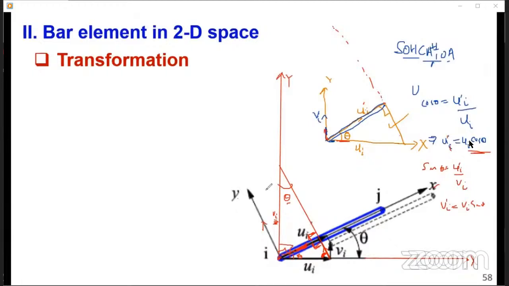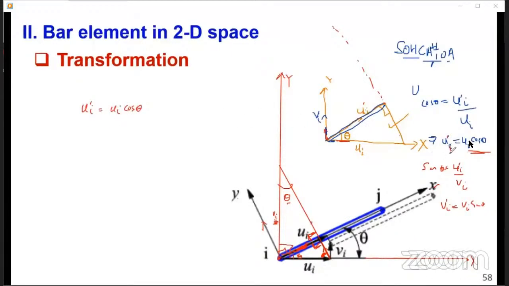Now, let's add them up. I want to add them up. So what we are saying is that U prime I has two components, which is equal to UI cos theta.